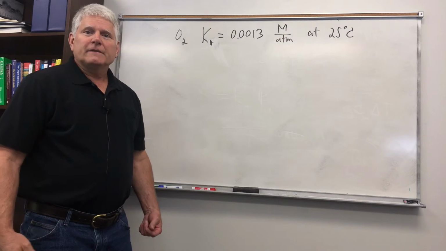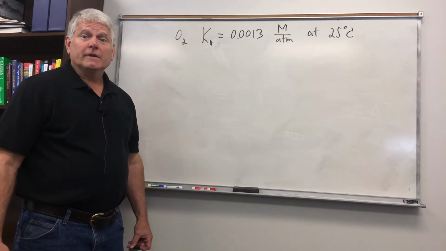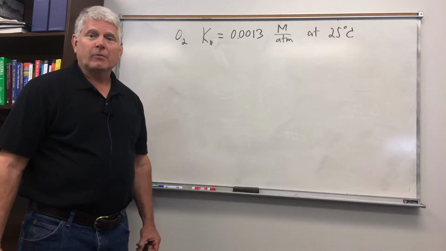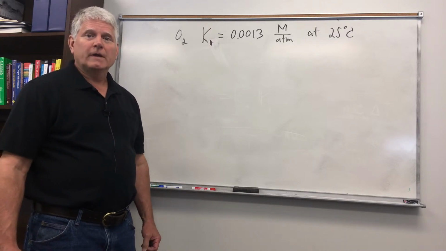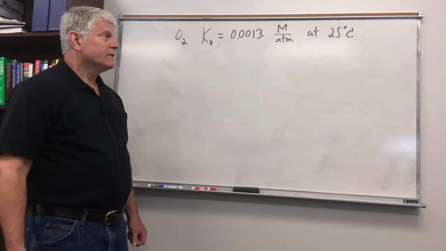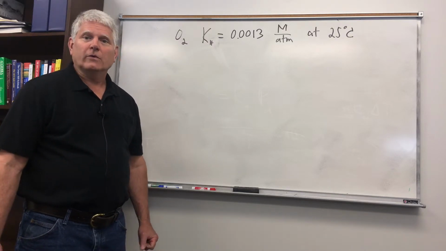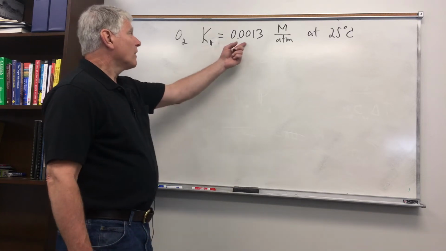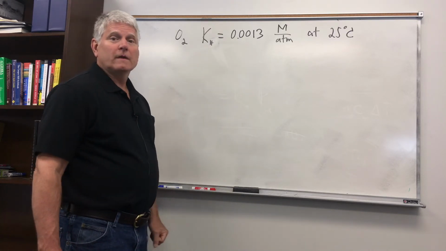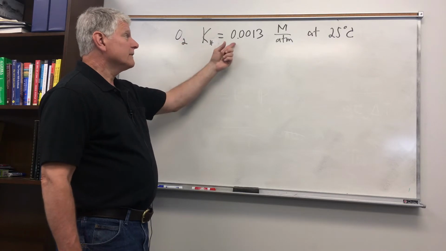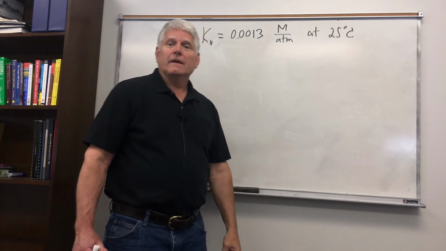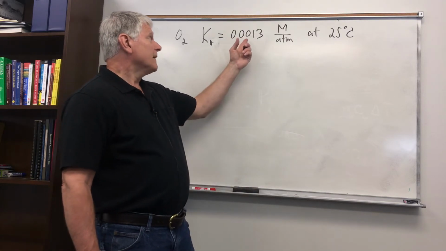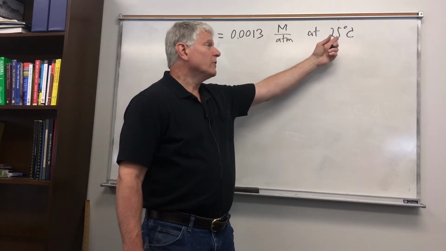Okay, let's calculate the solubility of oxygen in water at sea level, 1 atmosphere pressure for the air pressure, and see how much oxygen is normally dissolved, say, in the ocean or in a lake at sea level. So we have Henry's law constant for the oxygen gas, and since the solubility of the gas is highly dependent upon the temperature, we have a Henry's law constant value for each temperature.